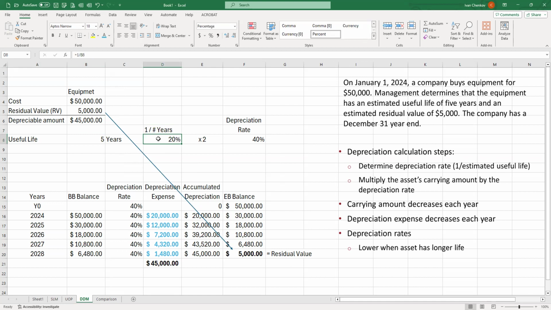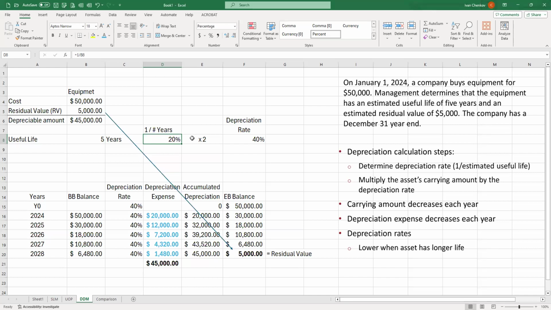What's the proportion of 1 year over the useful life? Every year, if you take 20% of the value, at the end of the 5th year, you're going to have taken the entire value. That's how we come up with the 20%.